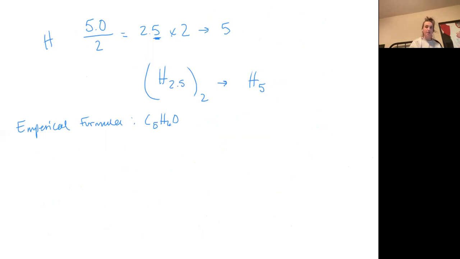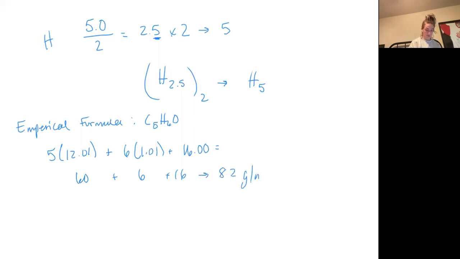So to find the molar mass of this specific compound, we would take 5 times 12, 6 times 1.01, and then 16, and find this molar mass. I don't know what this is. This is 60. This is 16. Maybe 2, I think. About.